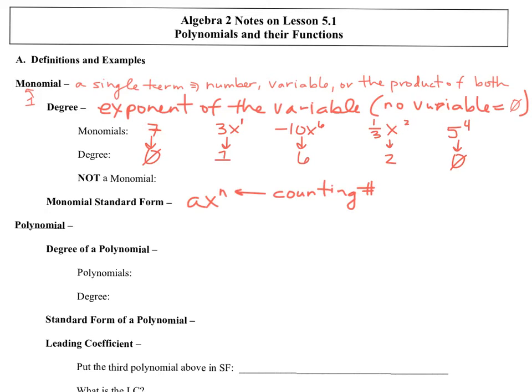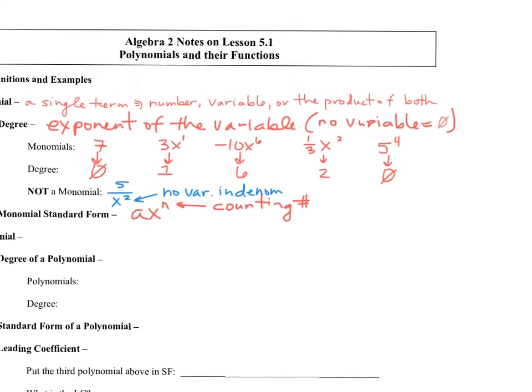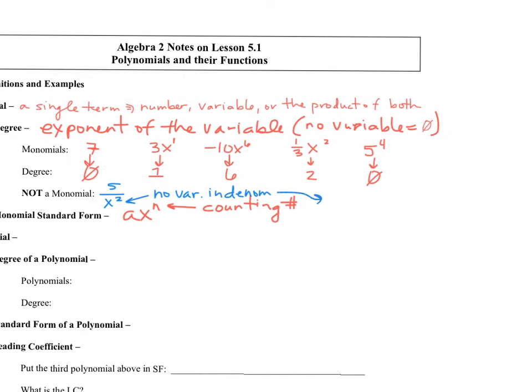Let me show you 3 things that are not monomials that might look to some like a monomial. The first one, you cannot have a variable in your denominator. No variable in the denominator. That is not a monomial. Not a monomial would be x to the negative 6th power.